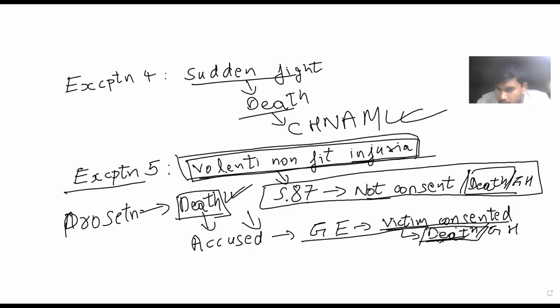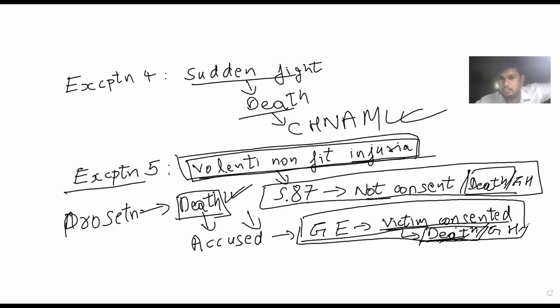If the accused is able to prove general exception, then what will happen? Tell me.